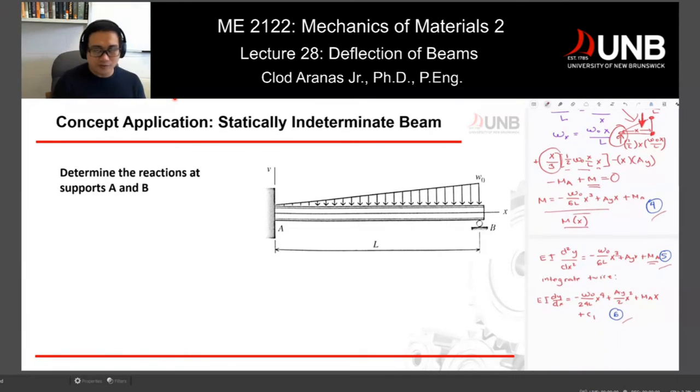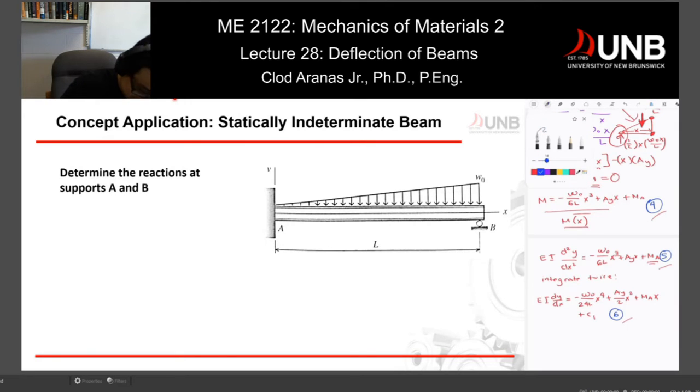Okay. So now we can integrate this one again. So we have c sub 1. If I integrate this again, and I'm mixing colors right now, which I really don't want to do, but let's stick with red. y is equal to, so now this becomes w naught x to the 5 over 120L, plus A y over 6 x cubed.